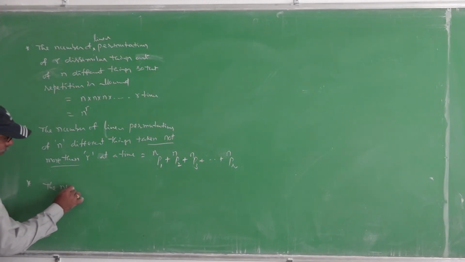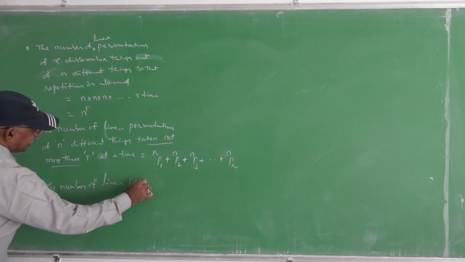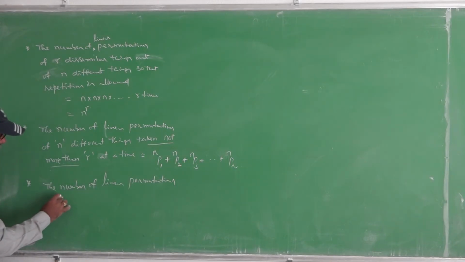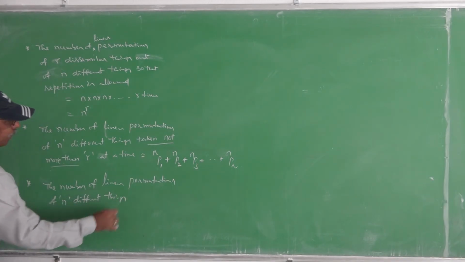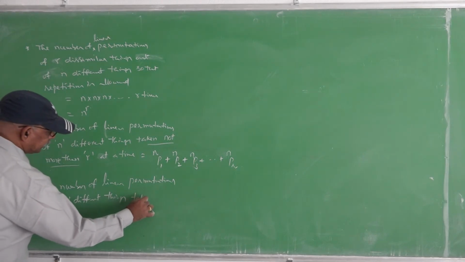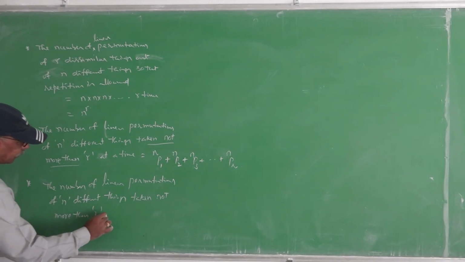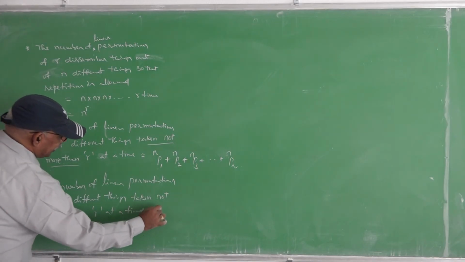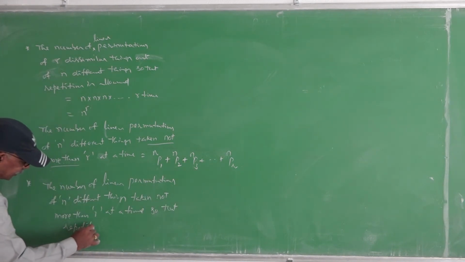The number of linear arrangements of n different things taken not more than r at a time, so that repetition is allowed.